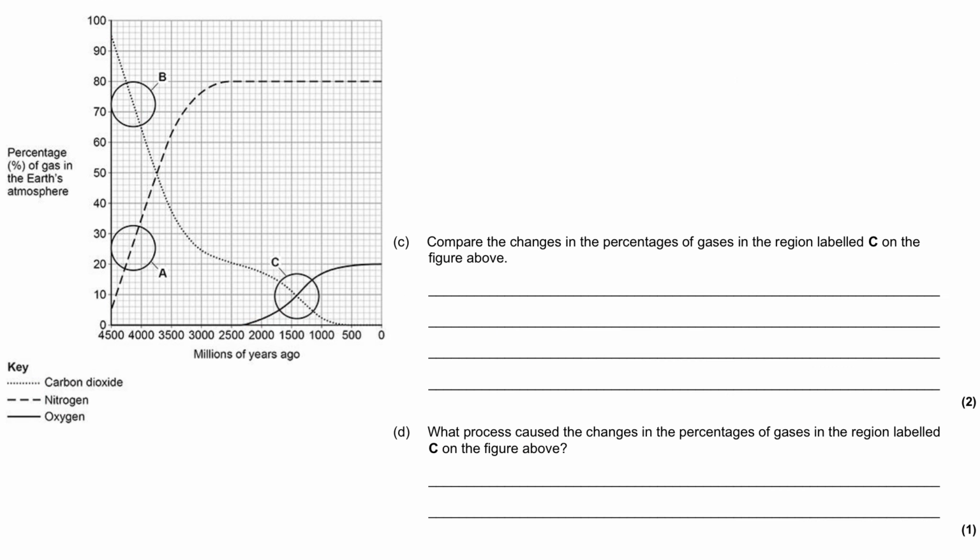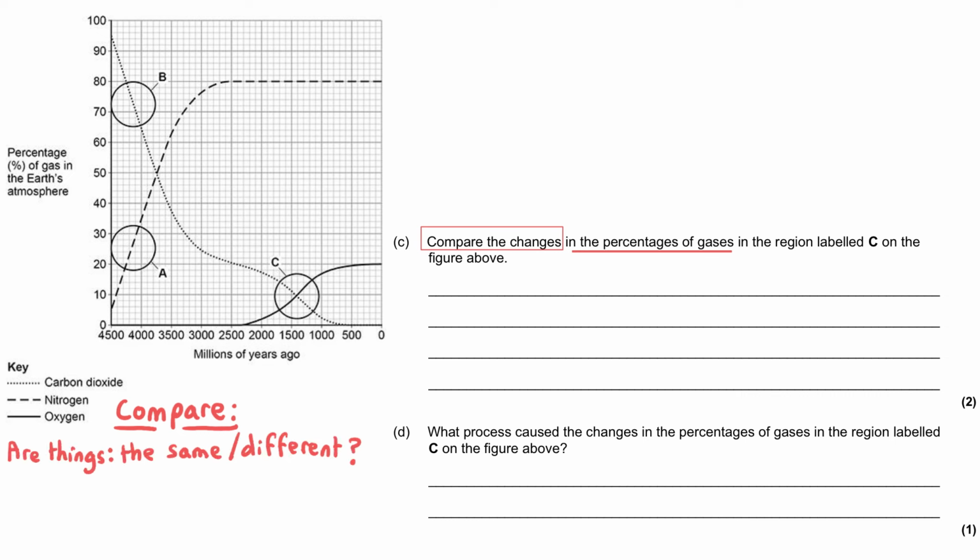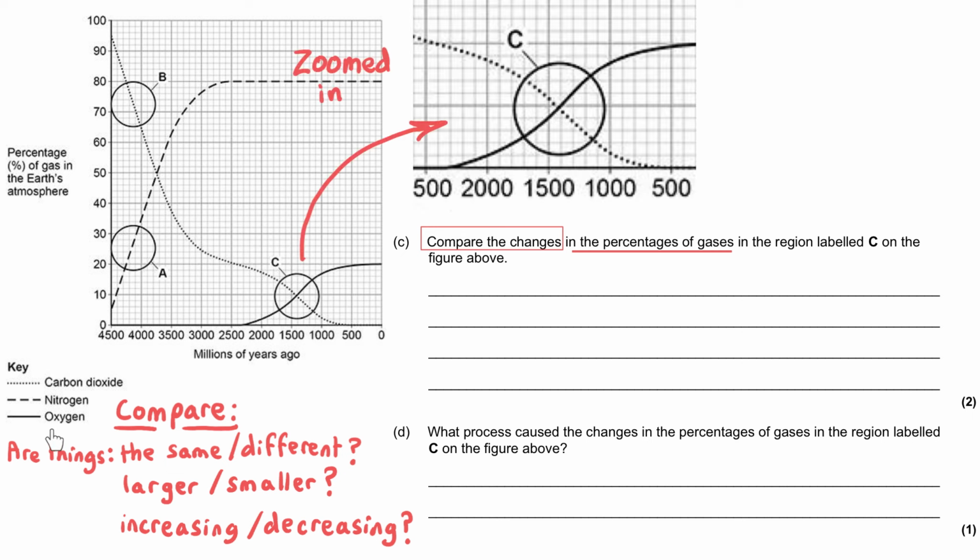Next, we're asked to compare the changes in the percentages of the gases in the region labelled C in the figure above. So this is just a little bit less than 1.5 billion years ago. And so when you're asked to do a comparison, you need to say whether things are the same or whether they're different, and if they're different, which one's bigger, which one's increasing, which one's decreasing, etc. And so on this occasion, we're comparing the oxygen line, that's the solid line, to the carbon dioxide line, which is the dotted line.